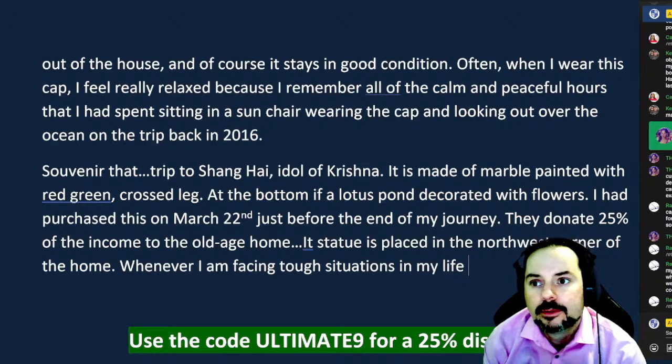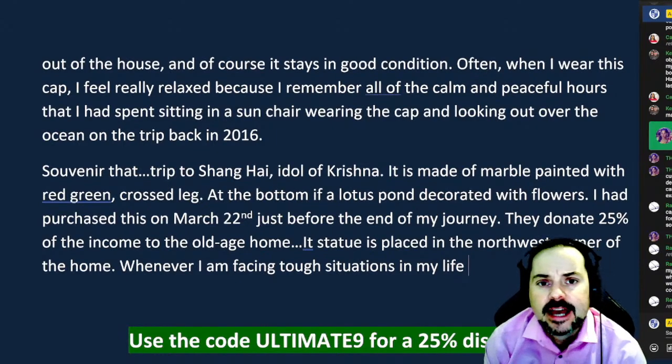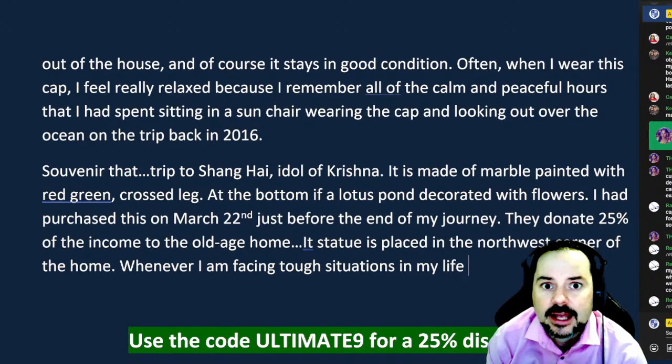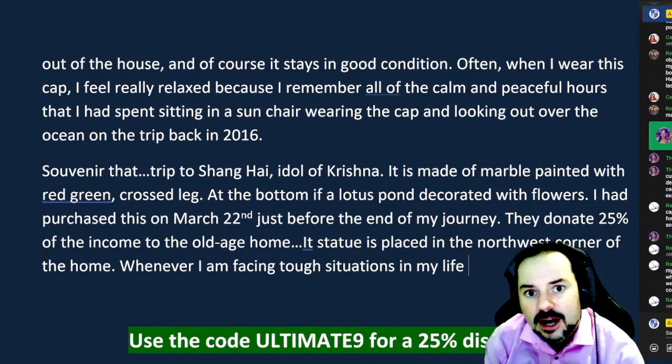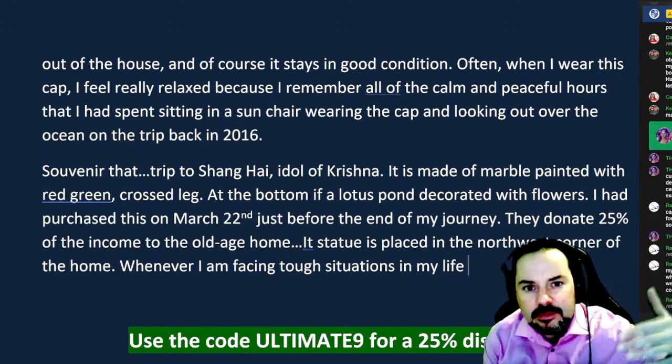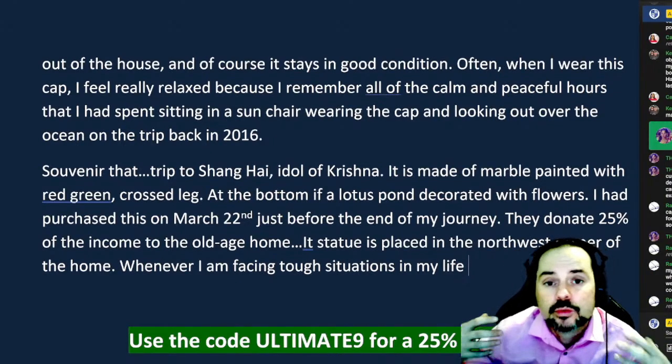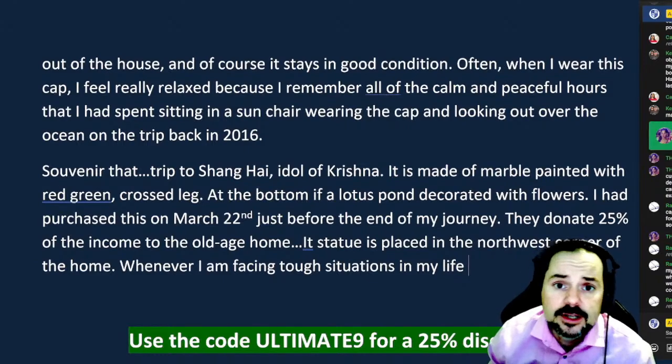One of the most common mistakes in part 2 is that candidates just repeat the same idea. Like they'll say, I got a statue of Krishna and I got the statue 4 years ago, and when I bought the statue I was really excited, and it reminds me of the time that I got this, and then they just repeat and repeat, and there's not a lot of content. But in your case it was really content rich because you stuck to strategy.